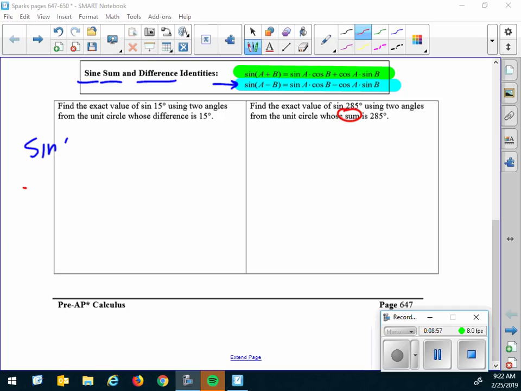You may want to get out your unit circle so you can look for two angles that you know about that have a sum of 285 degrees. I think I'm going to go this way, 150 because I know that one, and 135, I know that one. That's 285. So let's use those two.